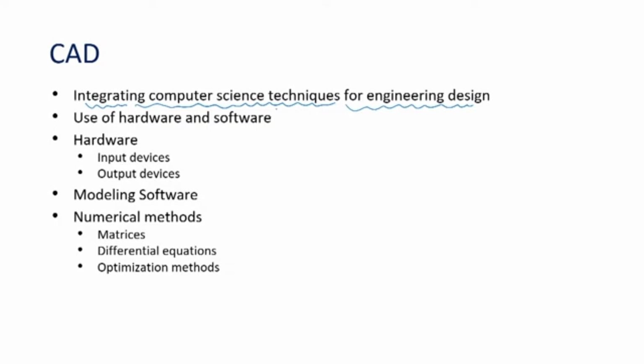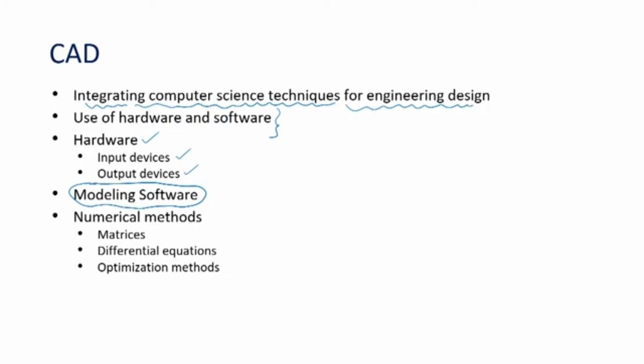CAD has the requirement of hardware as well as software. In hardware, in general, we know that we require a lot of input devices and there is a need for output devices as well. Without that, the CAD system is helpless. It is not only the hardware, there is a strict requirement to have modeling software as well.